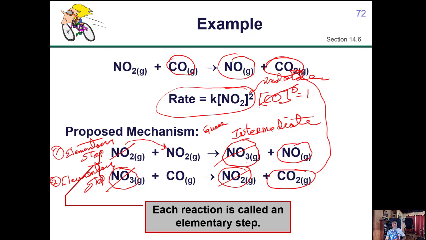Once we get that, the rate law is going to be a clue to figuring out what the proposed mechanism is. And we have to think about it. We have to do some critical analysis on what that mechanism may actually be. Remember, each step in a mechanism is an elementary step.